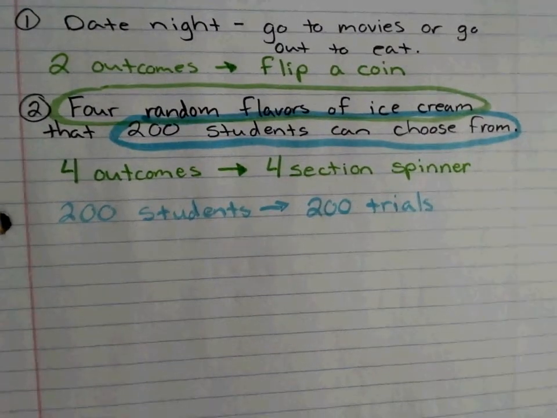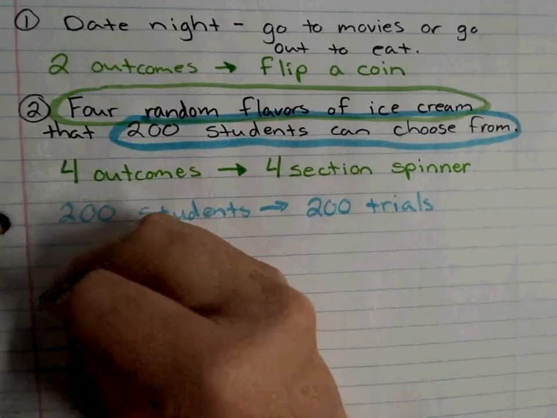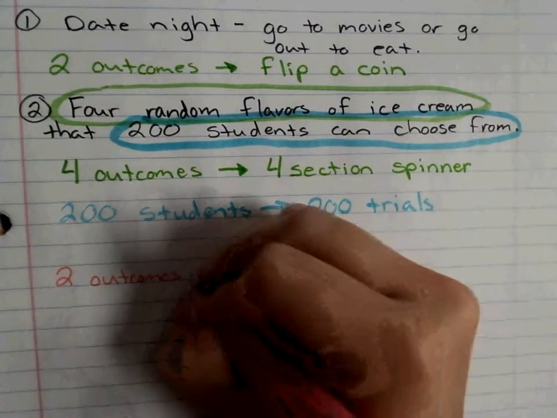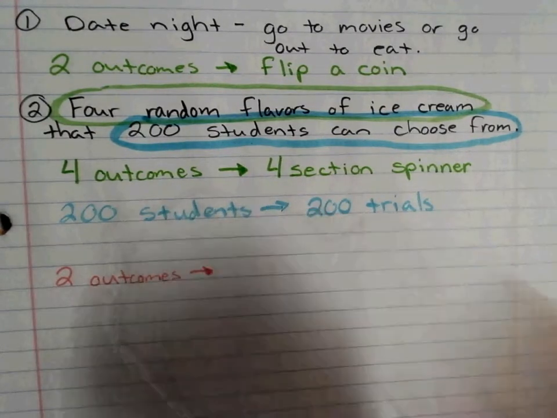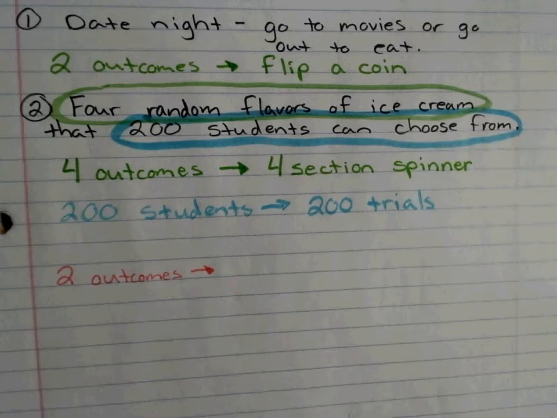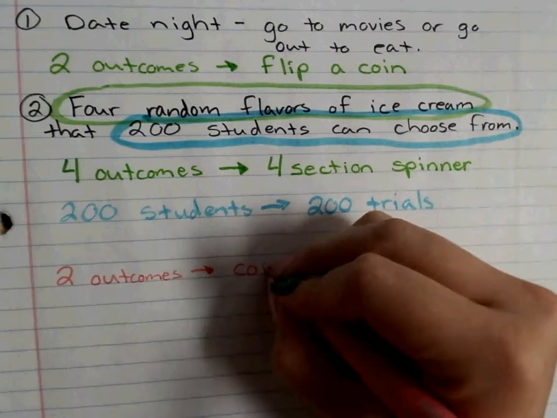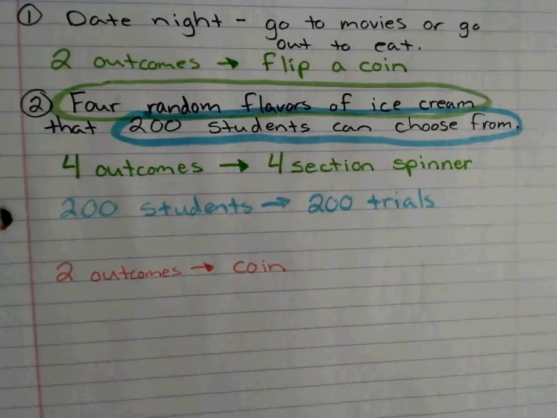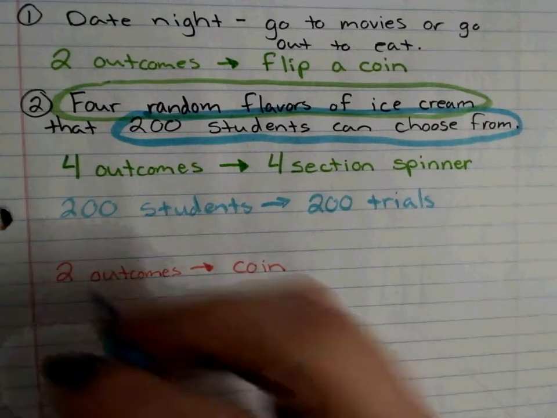Now, let's talk real quickly about what kind of activities you should be identifying based off of the outcomes that are given to you. So we've already said it before. If there's 2 outcomes, what activity should we always go with? A coin, right? If we know there's 2 outcomes, automatically we should be assuming there's a coin involved.